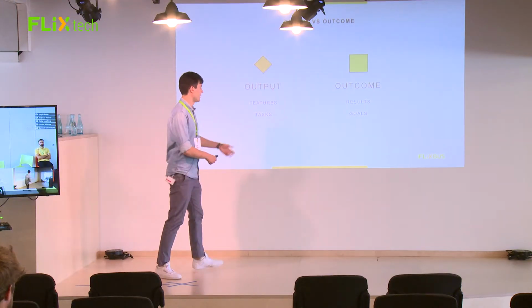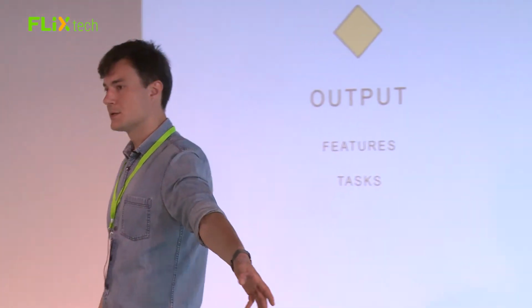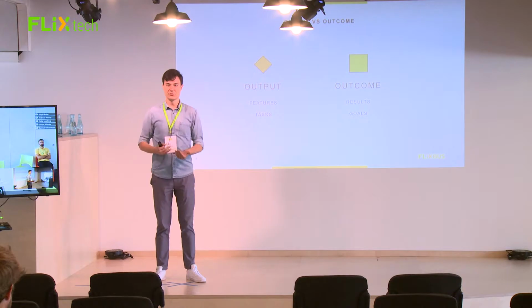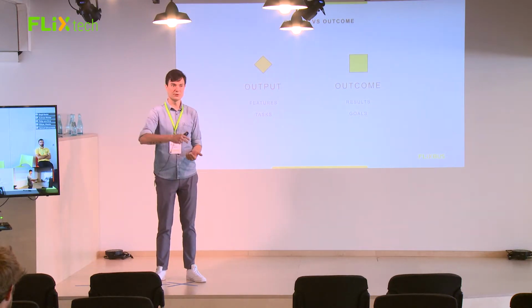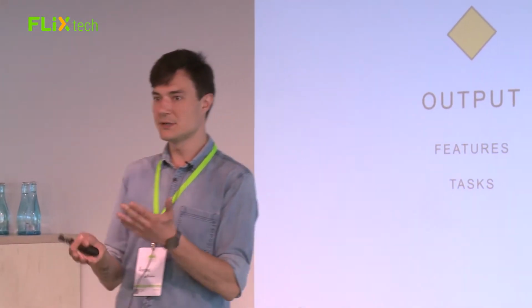And an outcome is results and goals. The outcome of this presentation is basically that I try to give you the information about the OKRs, that I want you to understand a little bit better and have a better feeling why we are actually doing them. See the difference here?